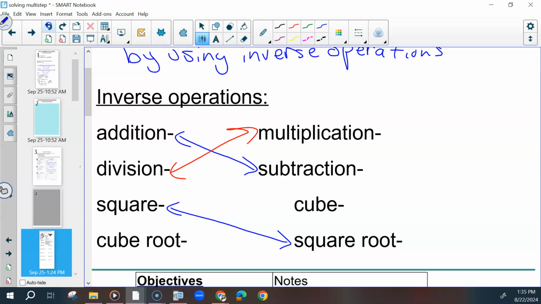They undo each other. So cube root and cube are also inverse operations. 2 cubed, so 2 times 2 times 2, is 8. The cube root of 8 is 2. They undo each other. We won't do these very often, but you still need to know those.